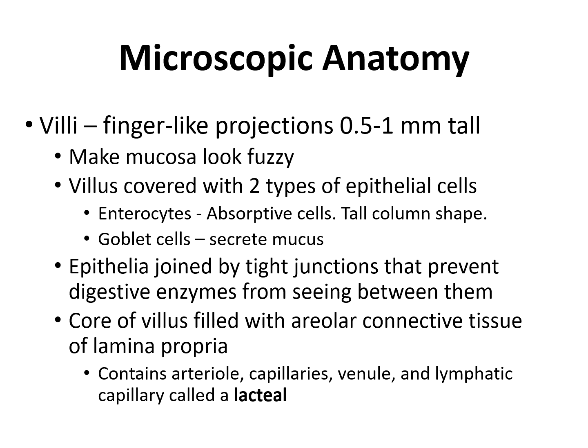So if we keep looking at the microscopic anatomy and we zoom into one of those villi, well, the core of the villus is filled with an areolar connective tissue of the lamina propria. And it contains an arteriole, those blood capillaries that we saw, a venule, and a lymphatic capillary that's called a lacteal.